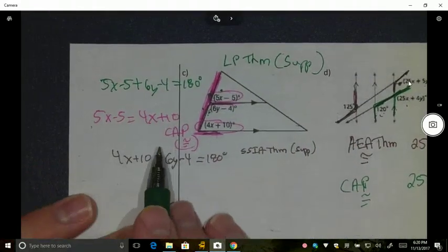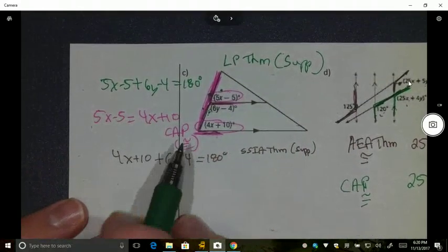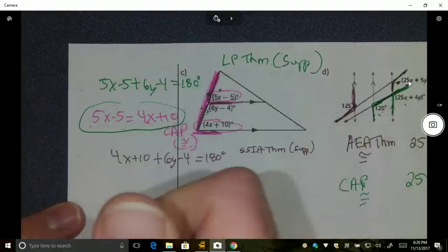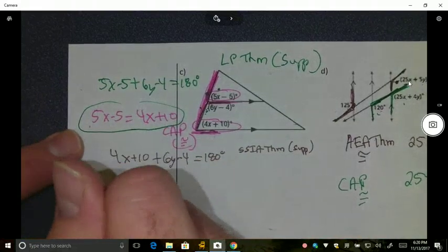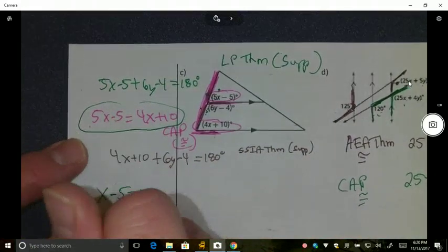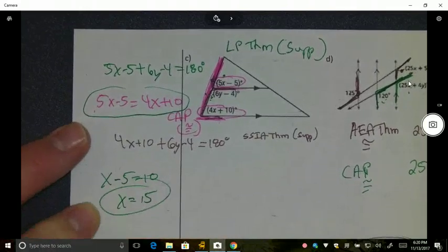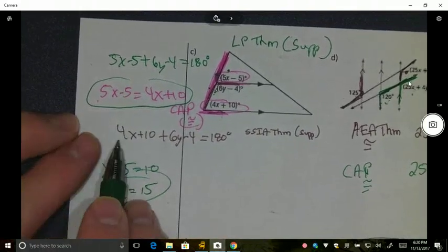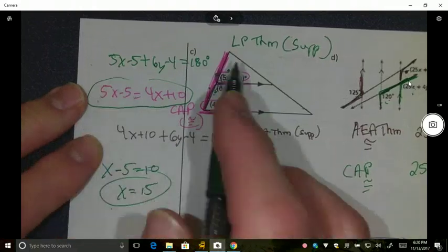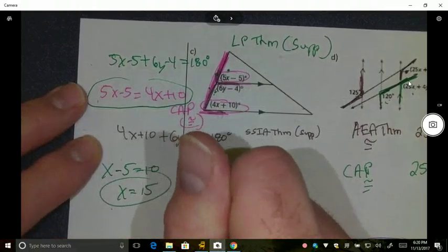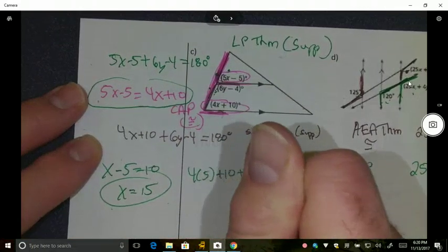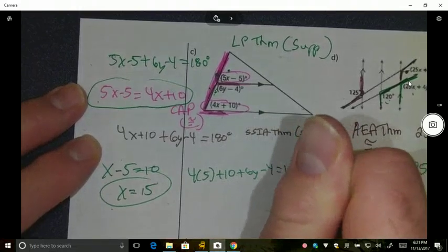For this first one, I normally like elimination, but I'm going to use it for the other ones. So here I'm going to use substitution by subtracting 4x and adding 5 to get x is 15. Now that I know the value of x, I can plug it into this to solve, or the top one. 4 times 5 plus 10 plus 6y minus 4 equals 180.